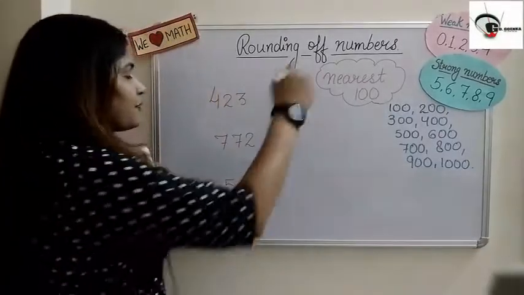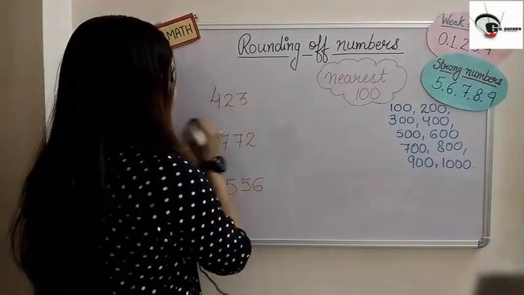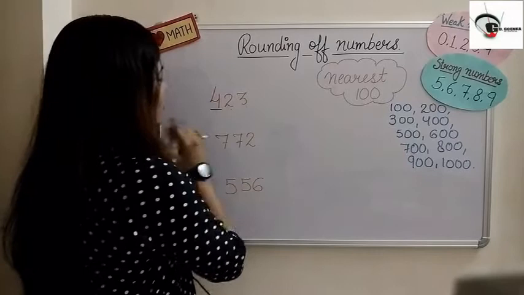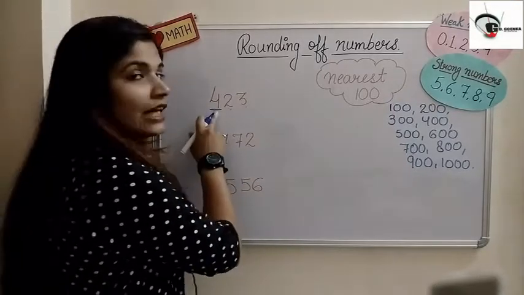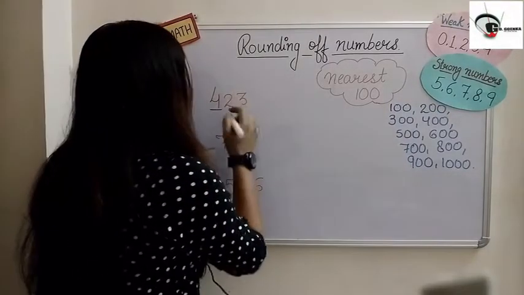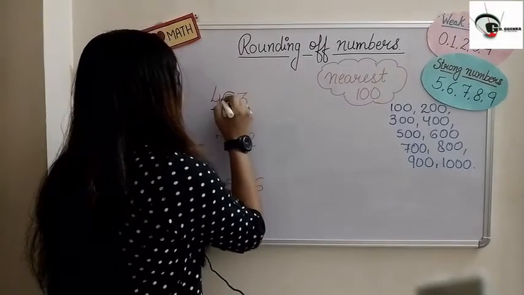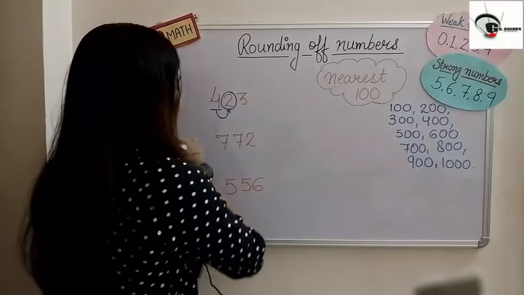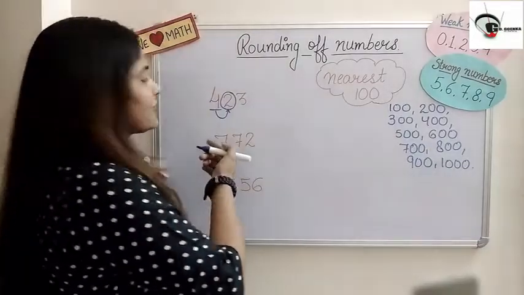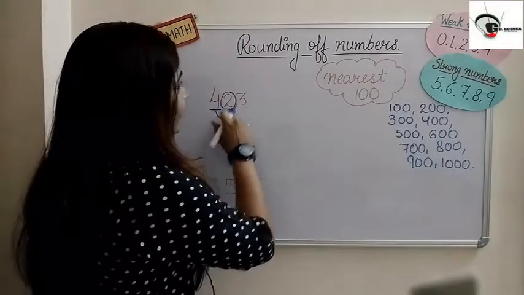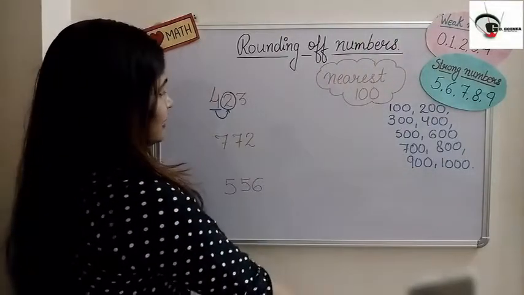What is at the 100 place? It's ones, tens and 100. I'm going to underline the number at the 100 place, and I'm going to circle the number next to it, that is at the tens place. Now again the strong and weak number concept.